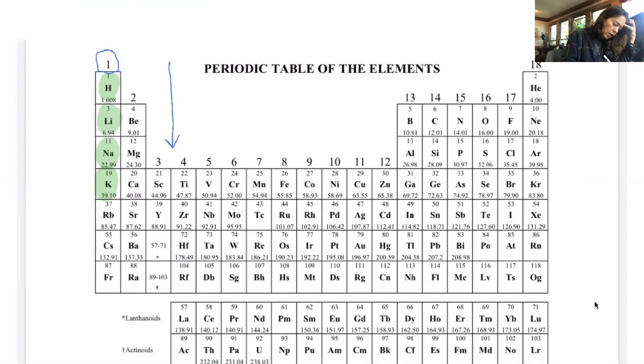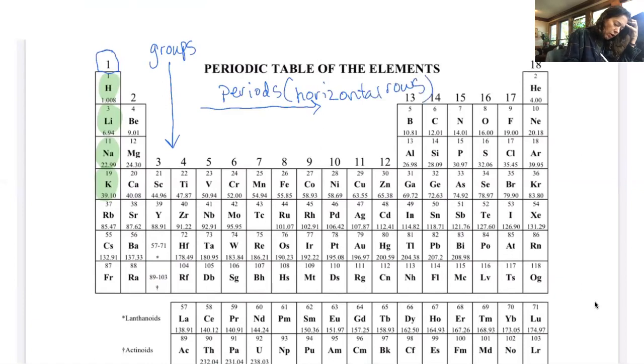Groups are vertical and periods are horizontal, all right? You need to know that. Periods are horizontal rows, and groups are vertical columns. Okay?